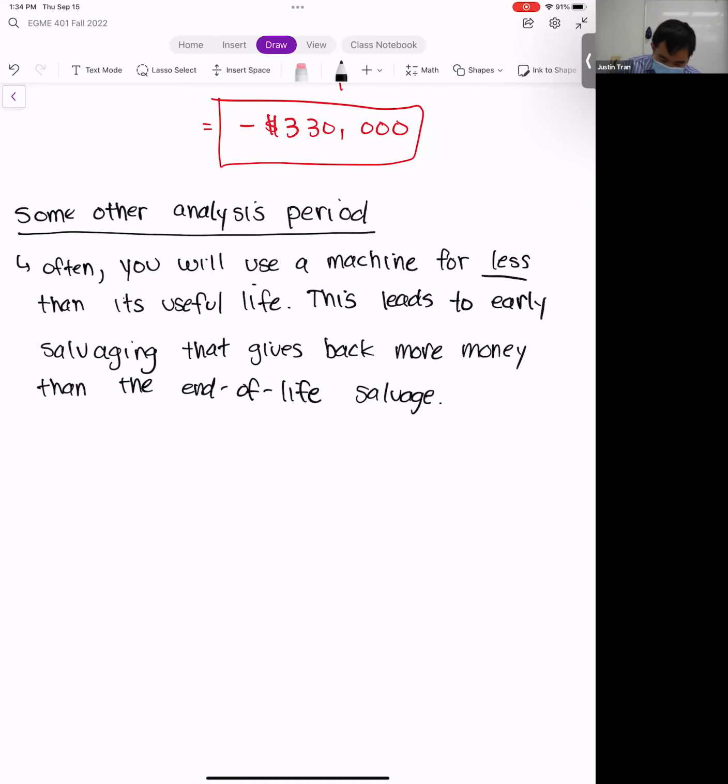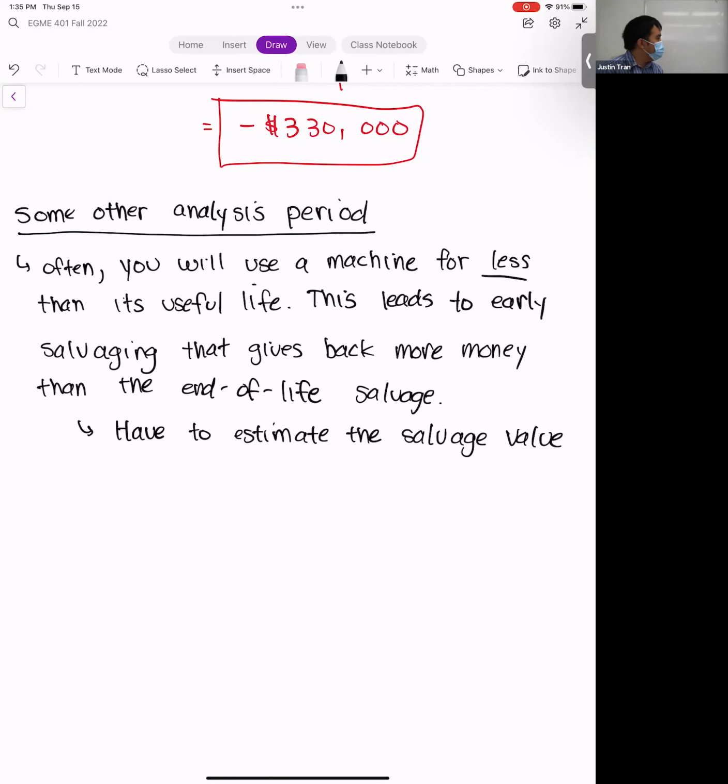Because in these situations, the salvage value that you're going to end up using is probably going to be an estimate of its value compared to its end of life, which can be hard to do.